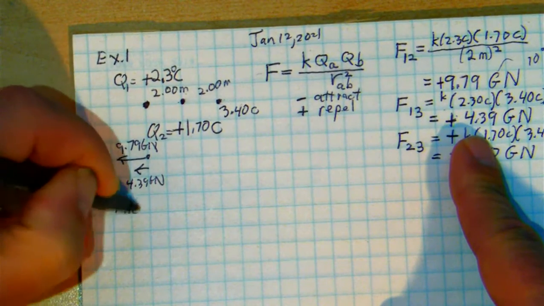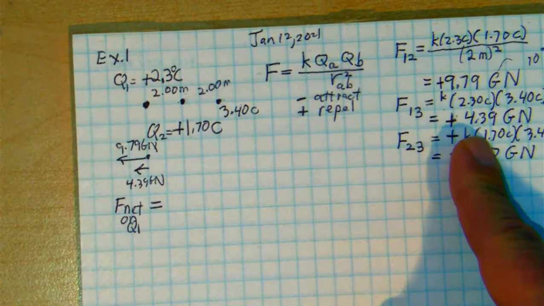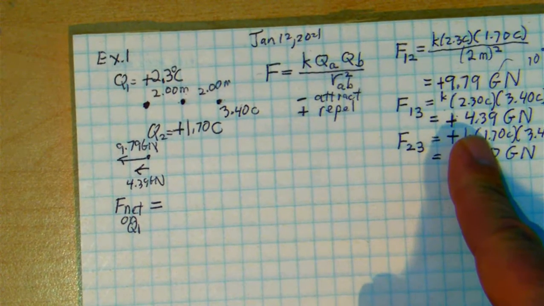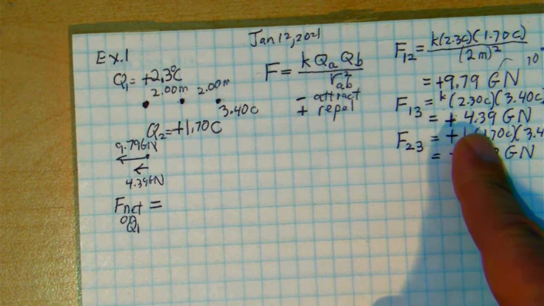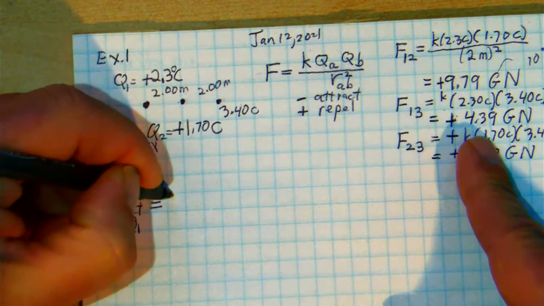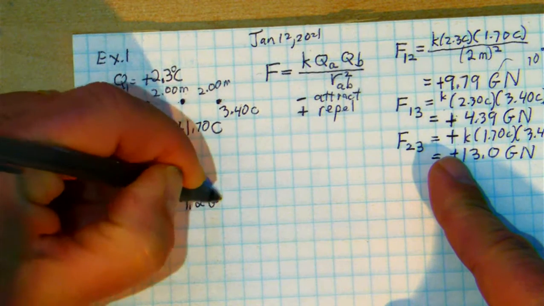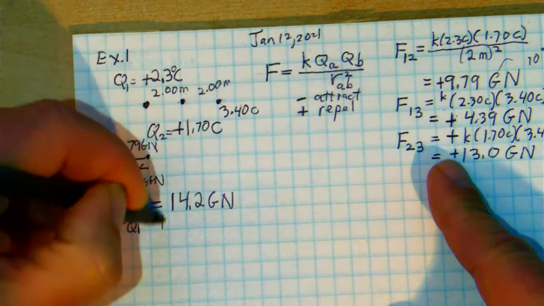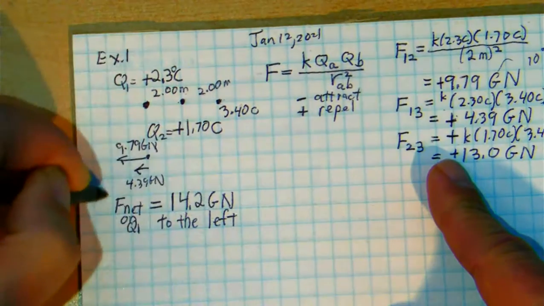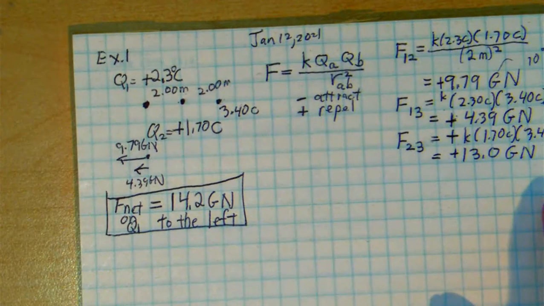So the net force on Q1 is the sum of 9.79 plus 4.39, and I'll write them in giganewtons. 14.2 giganewtons pushing it to the left. That is the net force on Q1.